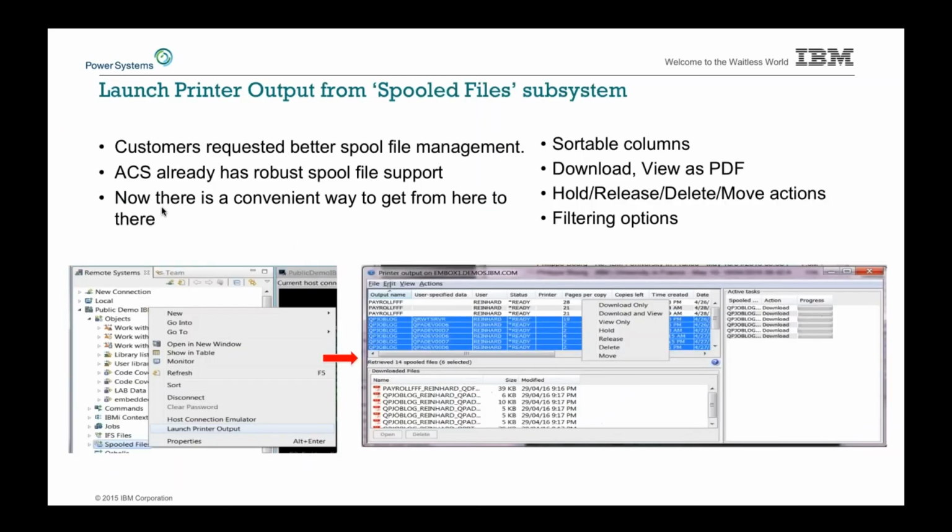Additionally, printer output. RDI has had printer output support for quite a while, but there were some significant limitations in it. And as opposed to rewriting that, we already had a much better support built into ACS. And so I can launch and get to my spool file support directly from RDI, and it'll pull in the ACS version. Now, if you do not have ACS on your machine, that's fine.